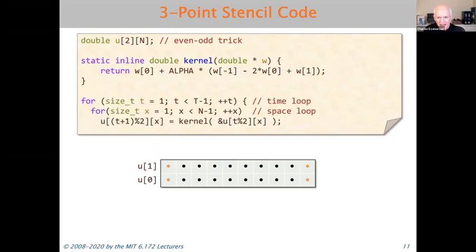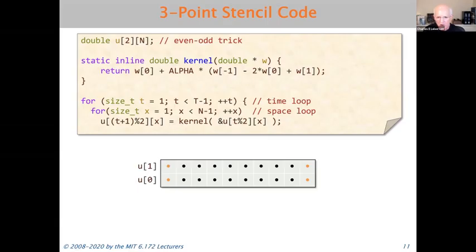And the code uses one more trick. We don't really need to store the whole iteration space, which would take order capital T times capital N storage, order TN storage for the capitals. I'm using the lowercase for the indexes. Maybe that wasn't such a great choice. It's good for a paper. It may not be so good for a lecture.